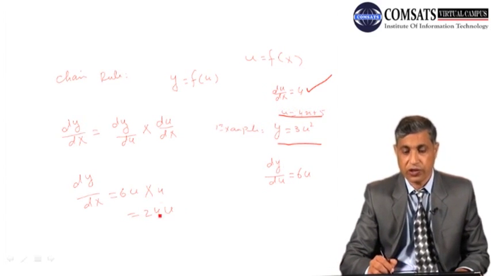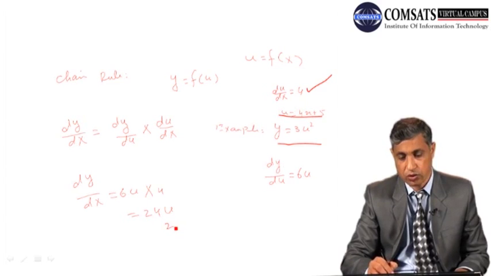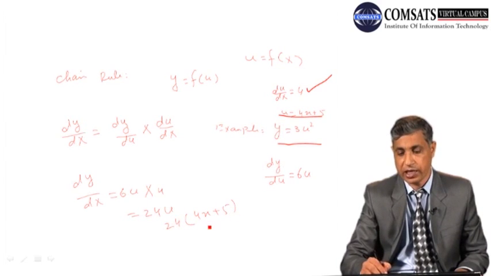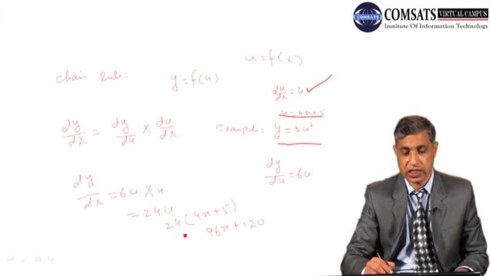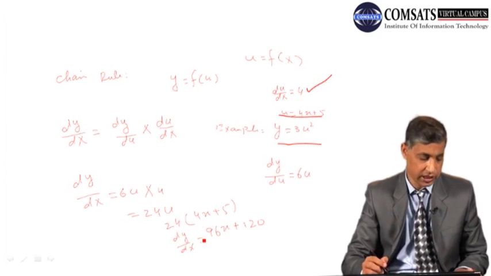What is the value of u? 4x plus 5, and if we multiply, it becomes 96x plus 120. So this is the chain rule, dy over dx is equal to 96x plus 120.